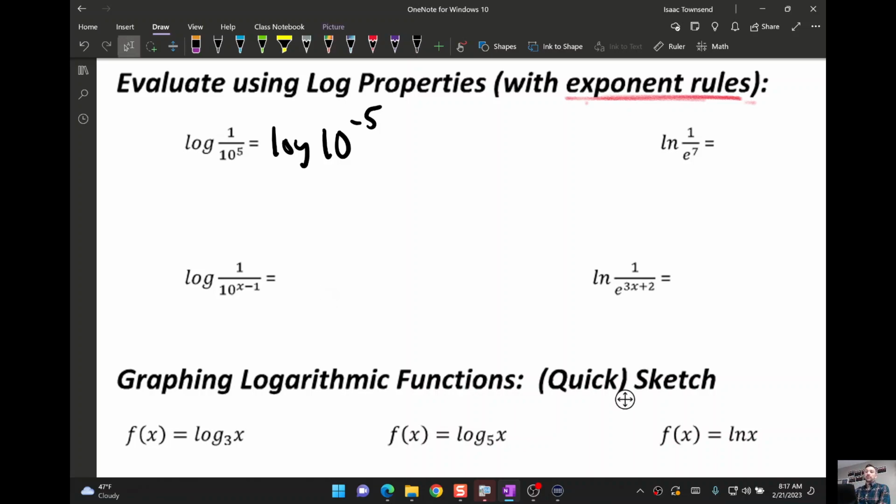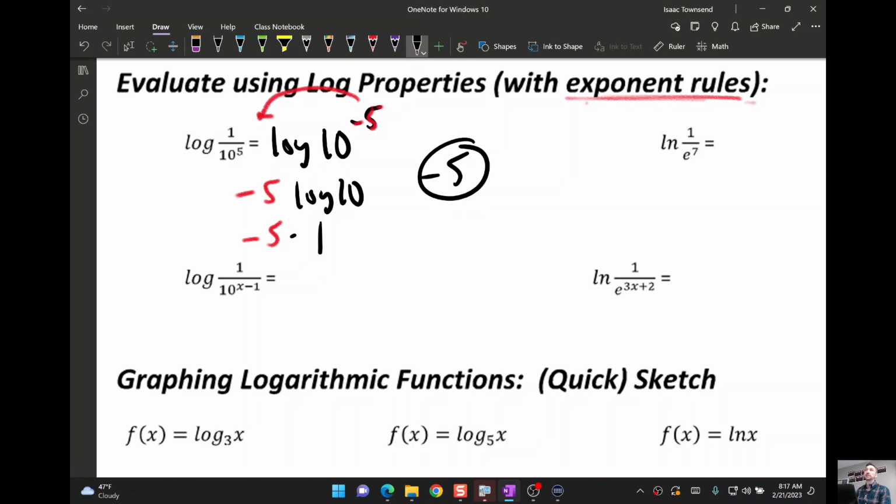And the reason why I would do that is because now this is an exponent on something I'm taking the log of, so I can freely bring that down. And what is the log of 10 equal to? 1. 1, because this is saying 10 to what power gives you 10. So the whole answer is -5.